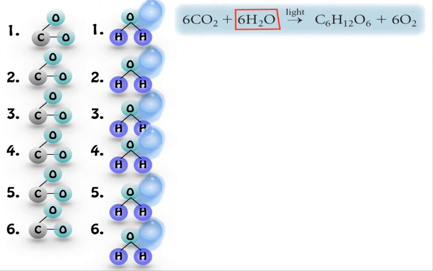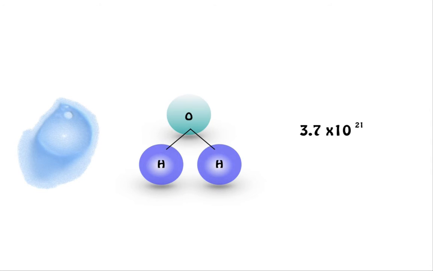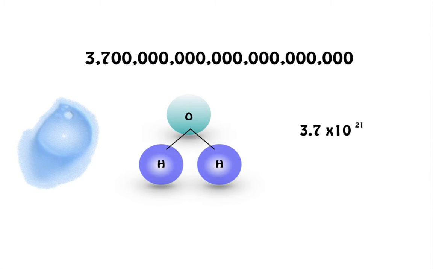Just to touch on water real quick, a drop of water is not just made out of one H2O molecule. H2O molecules are incredibly tiny, where each drop of water has 3.7 times 10 to the 21 power molecules of water.